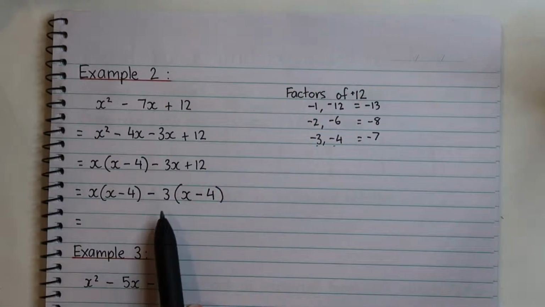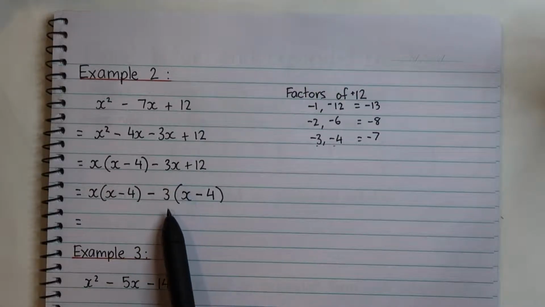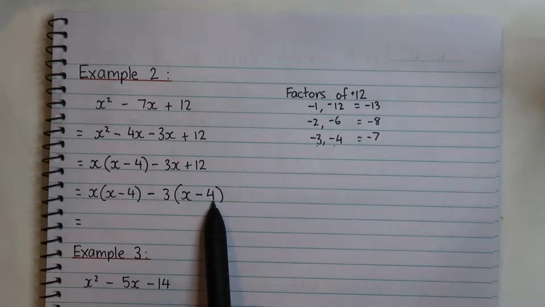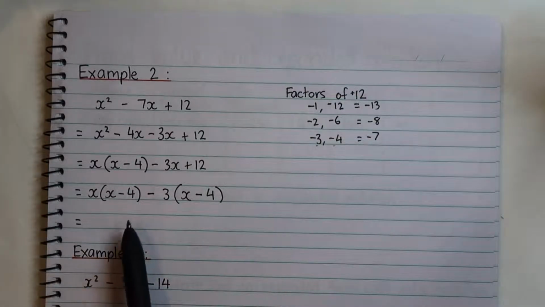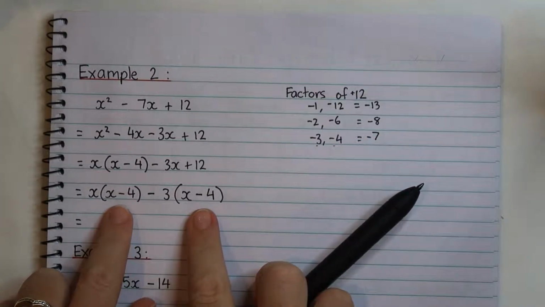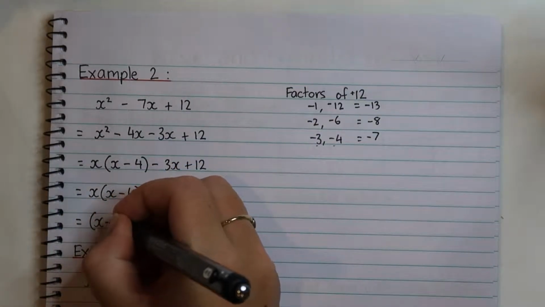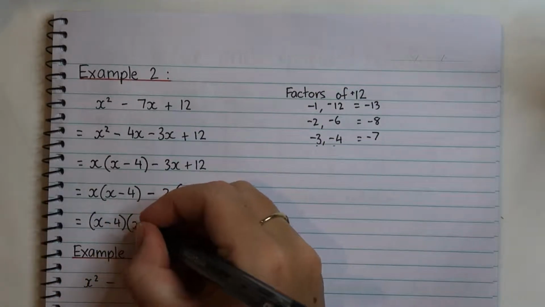Because remember, if you were to expand this, you would get negative 3 times x is negative 3x. And then we get negative 3 times negative 4 gives us a positive 12. So now you can see that there's a common factor of x minus 4. So we're going to take that out the front. And it's multiplied by what's left, x minus 3.